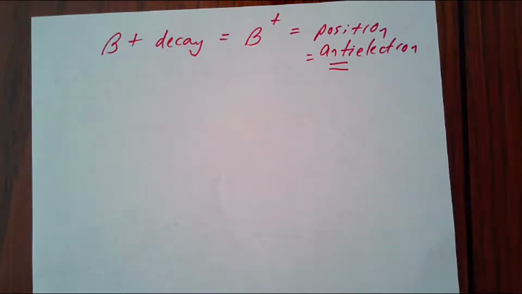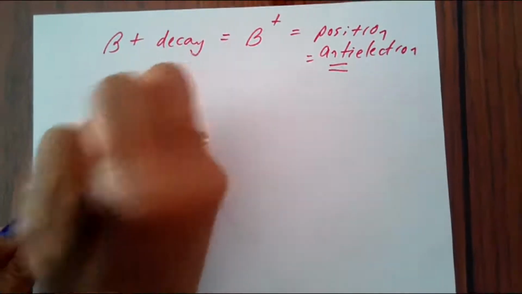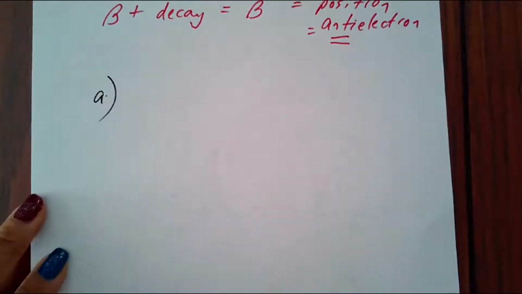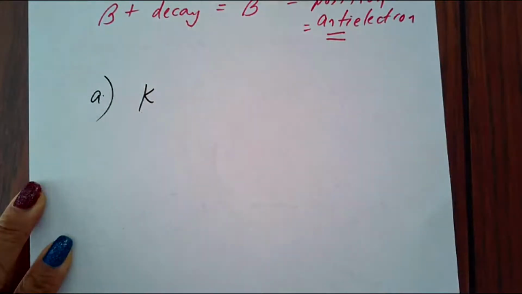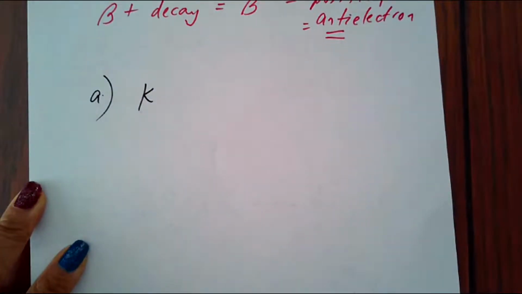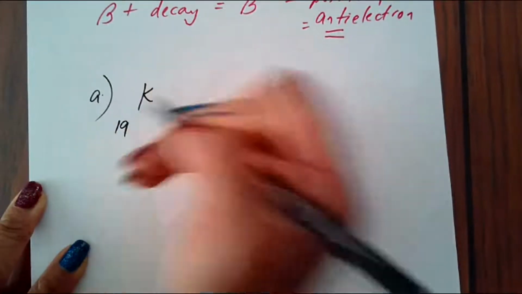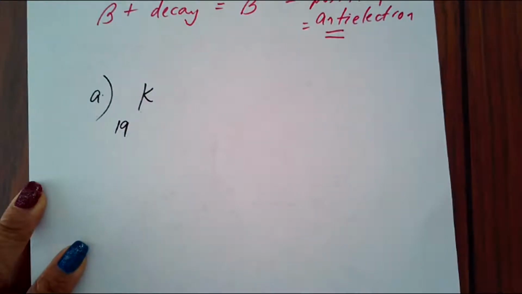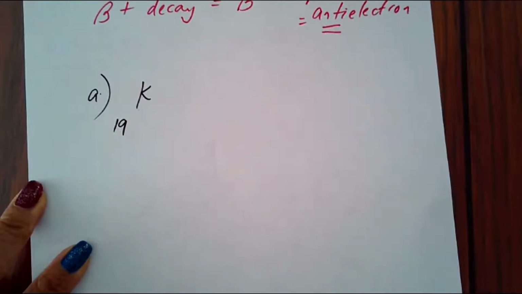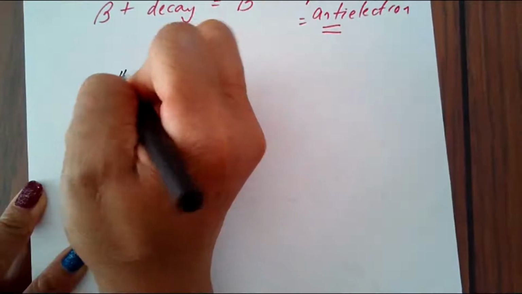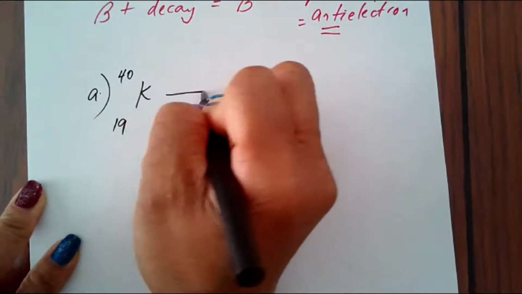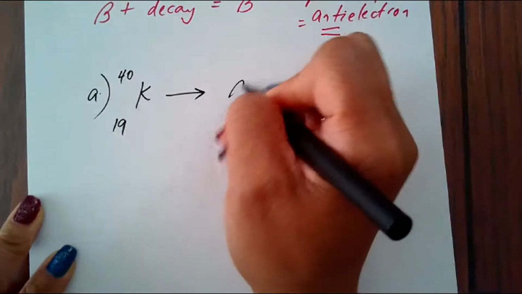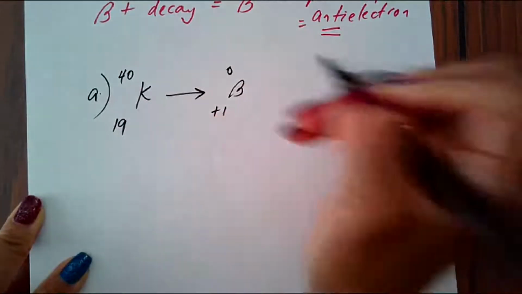Let's take a look at a couple of examples of what happens in a beta positive decay. Let's look at potassium. Potassium is 19 on the periodic table and 39.1 for the nucleons. I'm going to look at the isotope of potassium, 40. It undergoes a beta positive decay.